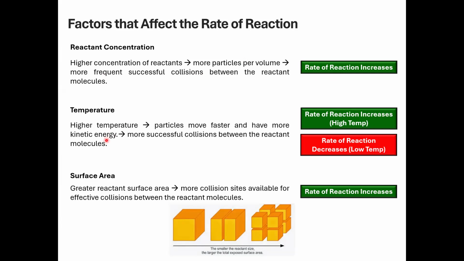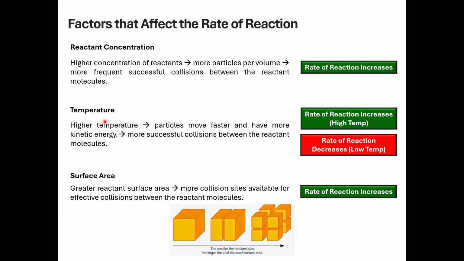Your temperature then is a big one. We tend to operate at higher temperatures for chemical reactions. The reason for this is that if you supply more heat to a reaction, the reactant molecules have more kinetic energy, so they're more mobile. They're flying around that reaction vessel at a quicker rate.